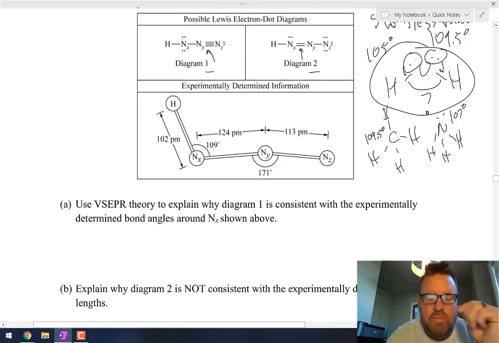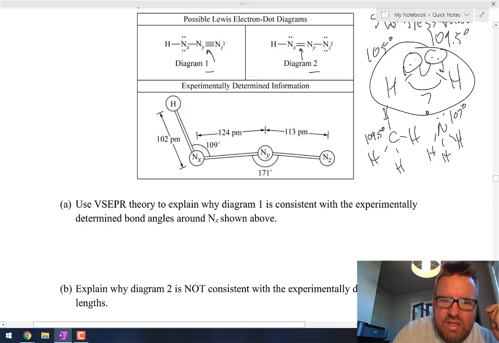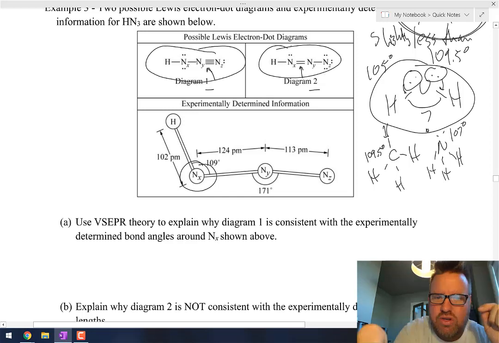Part A says, use VSEPR theory to explain why diagram 1 is consistent with the experimentally determined bond angles around NX shown above. So NX is this one right here. Now why is diagram 1 consistent with that, where diagram 2 is not?